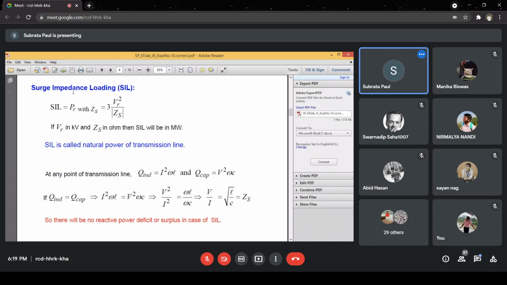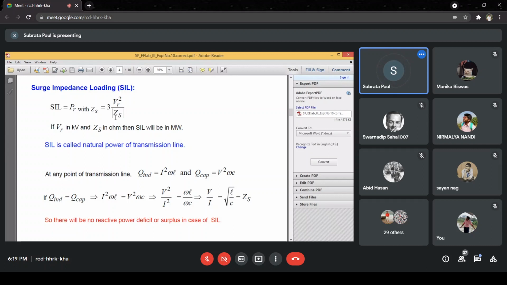Surge impedance loading, as I told you earlier, by definition is the receiving end power with ZS connected at the receiving end. In that case, VR is the per phase voltage at the receiving end, and ZS is the surge impedance.